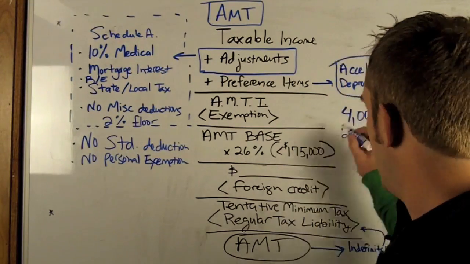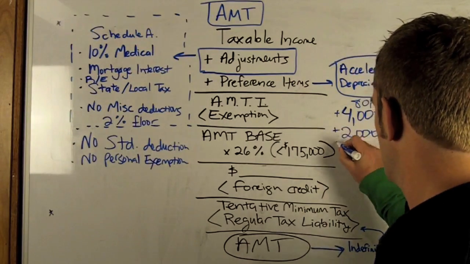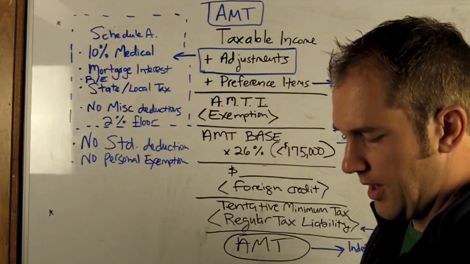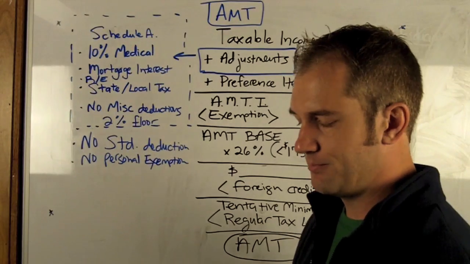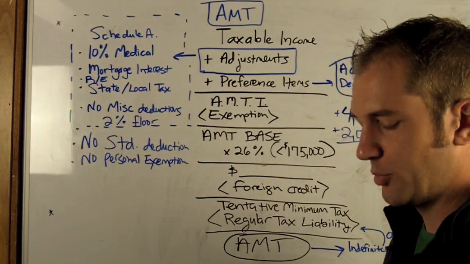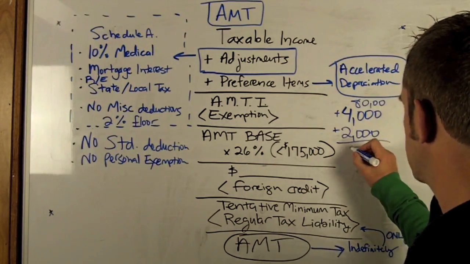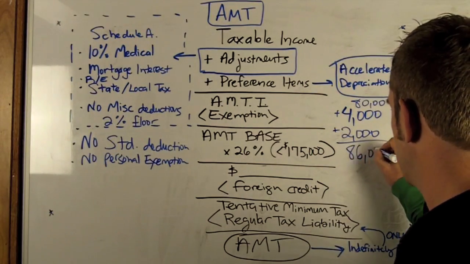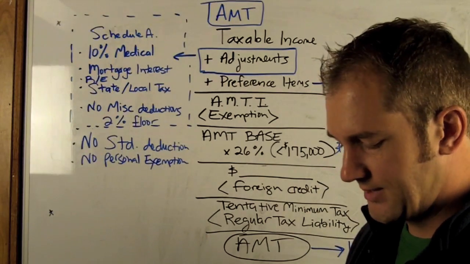So he made $80,000. And what amount did he report as his alternative minimum taxable income? So 80 plus 6, $86,000. And the answer is B, $86,000.